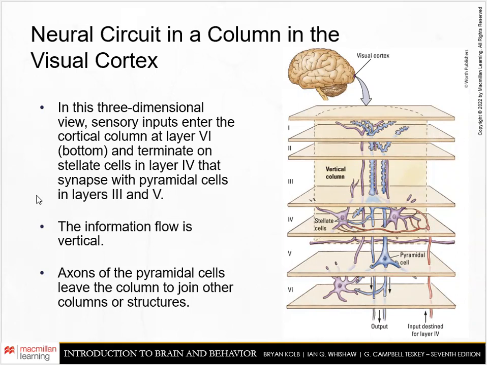And the information flow is vertical. The axons of the pyramidal cells leave the columns to join other columns or structures.